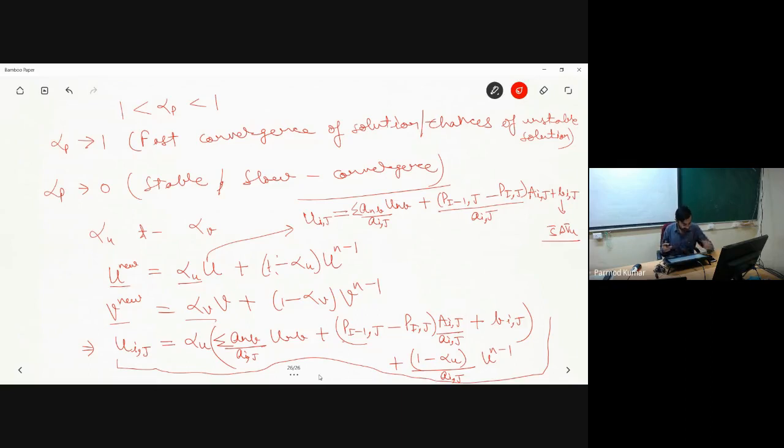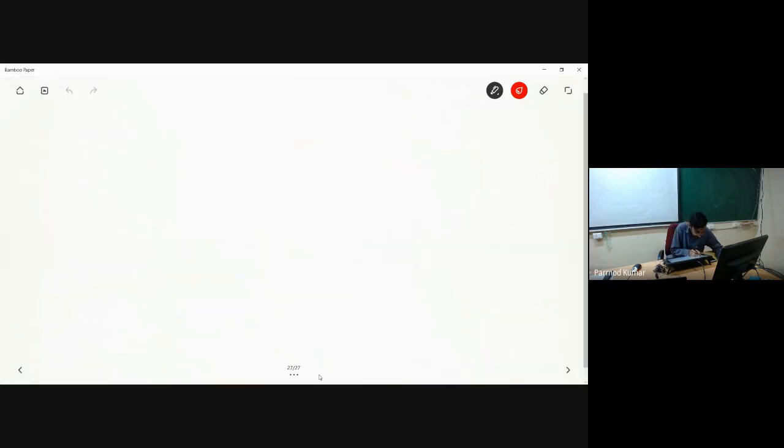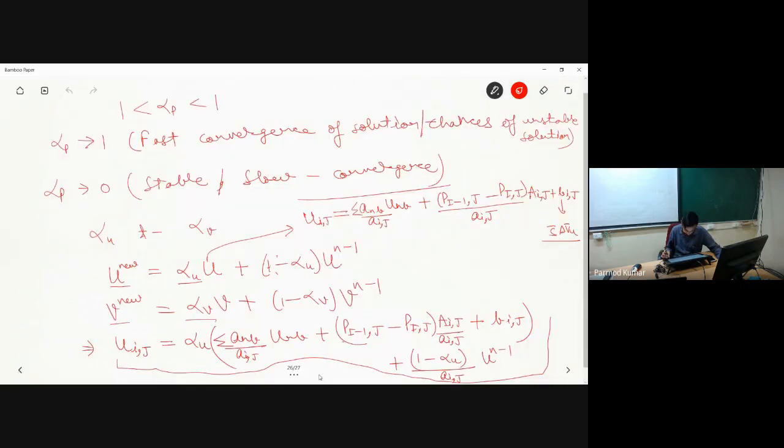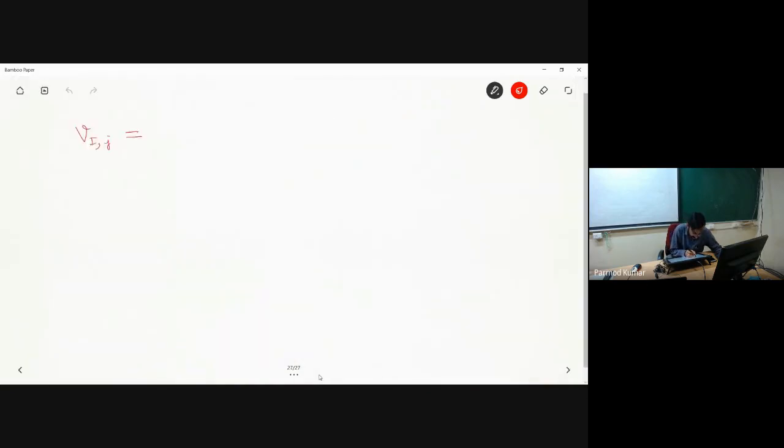Similarly, can you tell me what will be the equation for v at capital I, small j?